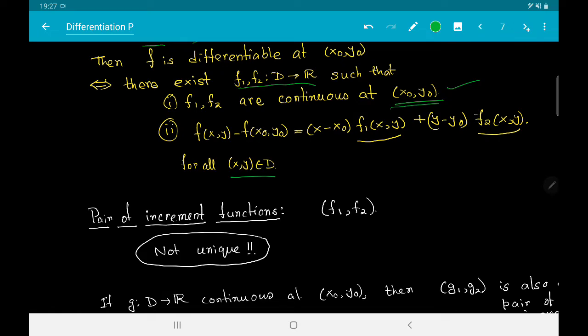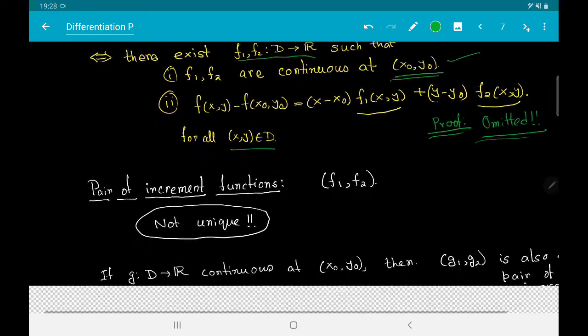As I said, we omit the proof for the time being, and if possible we will have a look at this in our assignments.